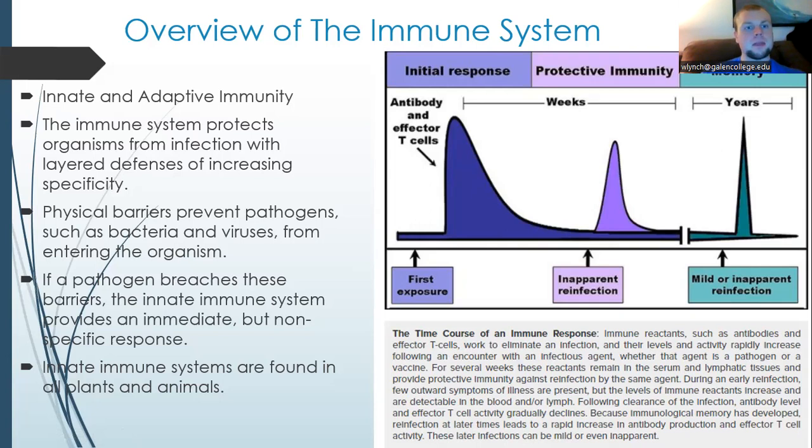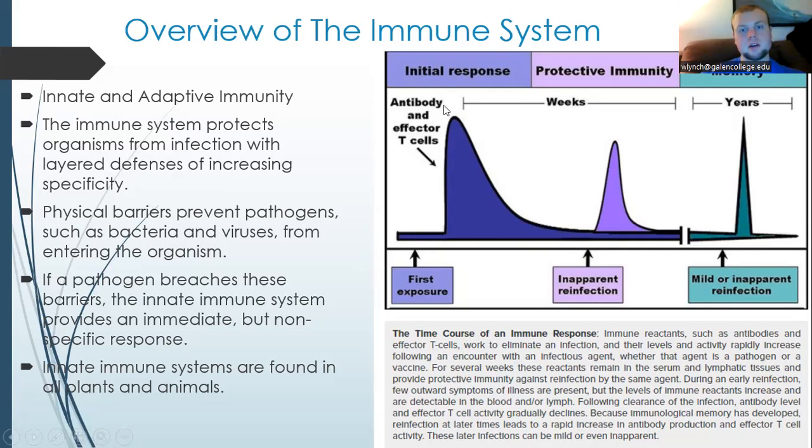All right. The innate immune system is going to protect against responses from our physical barriers and from our cell-mediated and humoral immune responses. As our chart shows, if we have contact with some sort of an infector, initially we are going to have a massive immune response from the innate immune system.